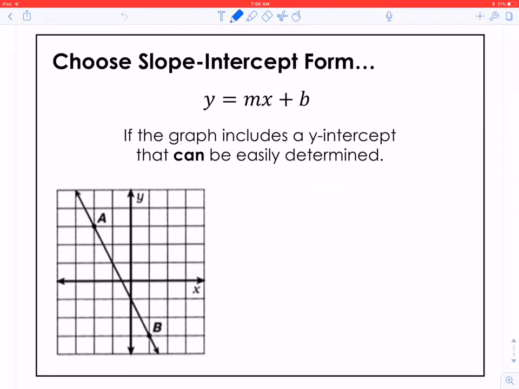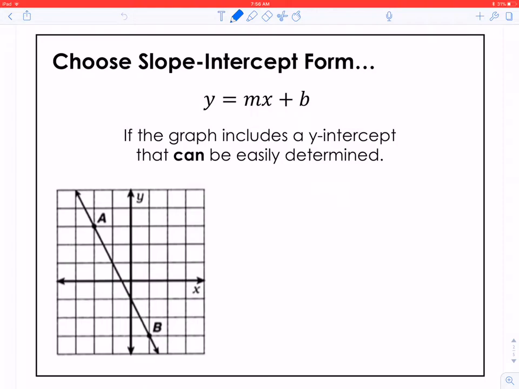Okay, you have two options when you're looking at the graph of a line, and it's all based on whether you can spy your y-intercept or not. So if your graph includes a y-intercept that can be easily determined, then you want to choose slope-intercept form, y equals mx plus b.